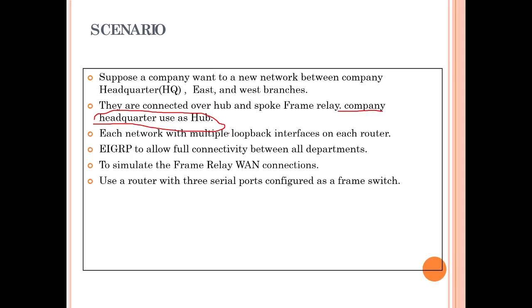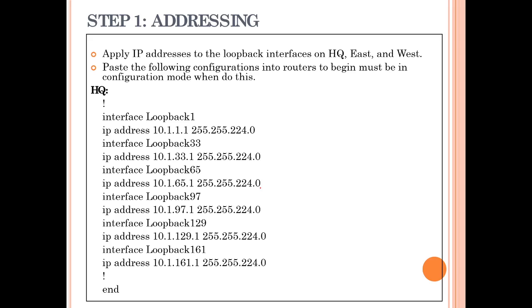And as I told you, it will have loopback interfaces just to test our connections, okay, and we require full connectivity between all departments, okay, and we are using in this topology 3 serial ports. So I'm assuming that you people are aware of those things, okay.